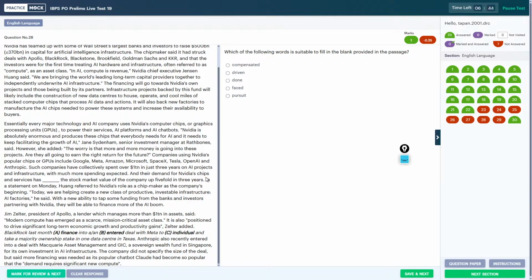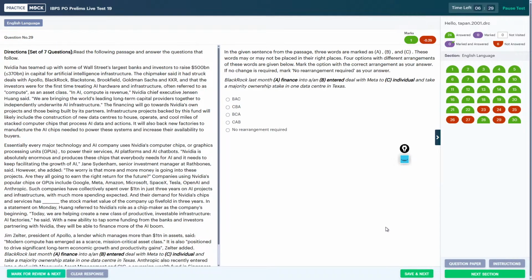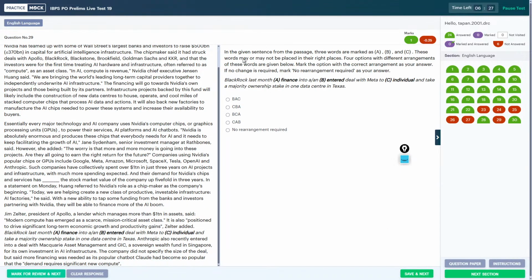Their demand for NVIDIA chips and services has driven the stock market value of the company up to fivefold, and the demand for the NVIDIA chips and services has driven the stock up.